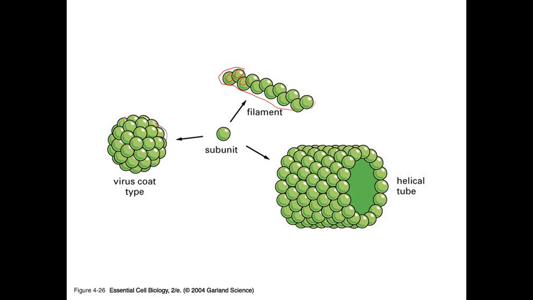And then if it forms like this structure, ang term lang ana niya. So these are just the terms, okay? Kung ingon ana ang structure nga ma-form. So ang term ani is the virus coat type, and you have this helical tube. Okay? So these are different protein assemblies.